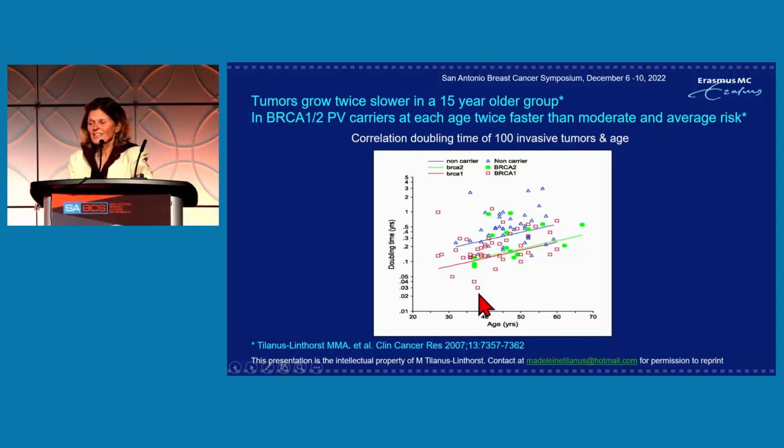However, at the same age, the cancers in the BRCA1 and 2 mutation carriers grew on average twice faster than at the same age in women with familial risk. And the familial risk was actually comparable with women with average risks from previous studies.